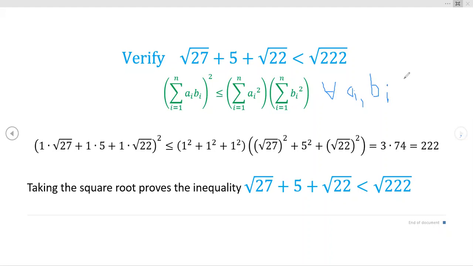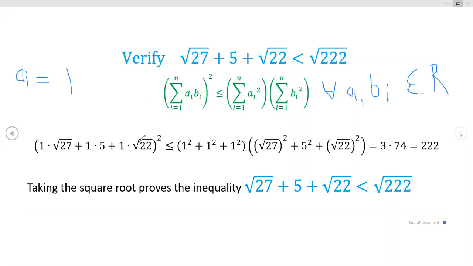I think it also holds for complex numbers, but that's another video. So in other words, this holds for all real numbers, which means that you can pick whatever you want. And what I chose to pick was a sub i equals 1 here. Now this is well known. It's called the one trick because you have carte blanche to select whatever variable suits your fancy. So we're going to pick the a sub i's to be equal to 1.